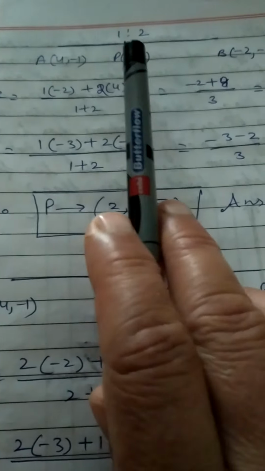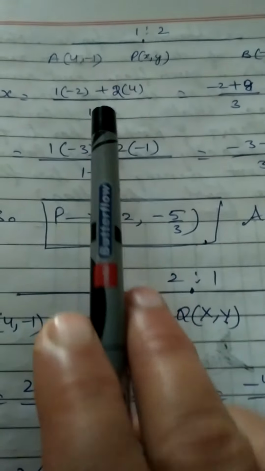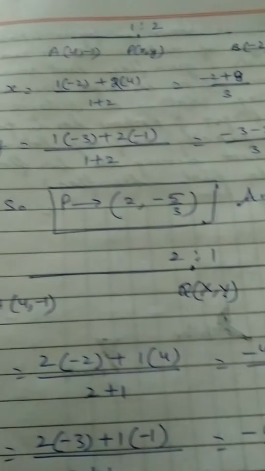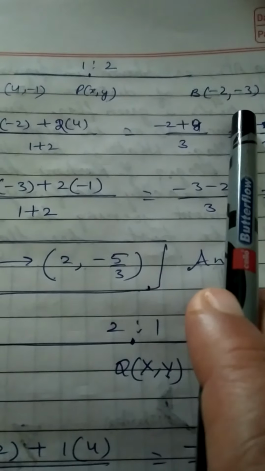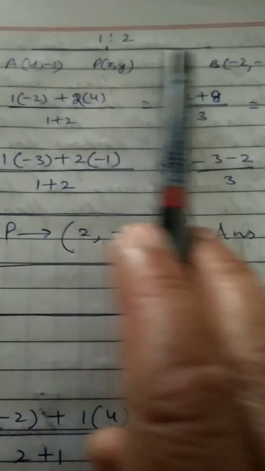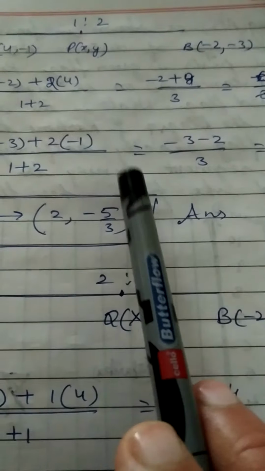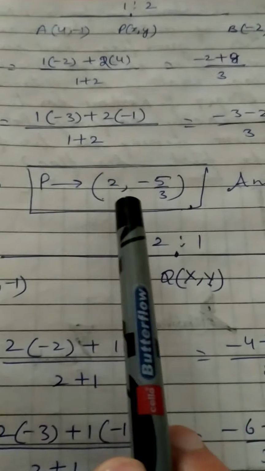Then x is equal to (1 into -2 plus 2 into 4) divided by (1 plus 2), it becomes equal to 2. Then y is equal to (1 into -3 plus 2 into -1) divided by (1 plus 2), which is (-3 minus 2) divided by 3, means -5/3. Then the coordinates of P are (2, -5/3).